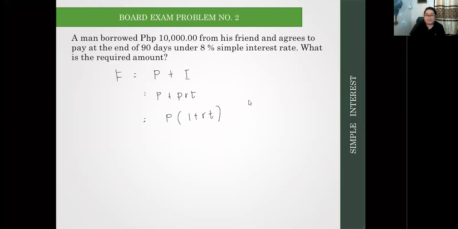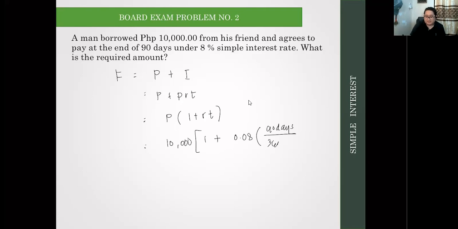Kasi yung 8% na is per annum siya. So, mangyayari yung 10,000 natin, times natin ng 1, plus yung rate natin na 0.08, then multiply natin ng 90 days, pero kailangan natin divide by ilang araw for ordinary ng isang taon.